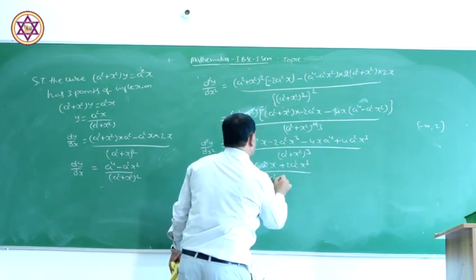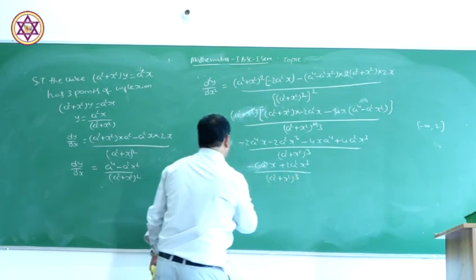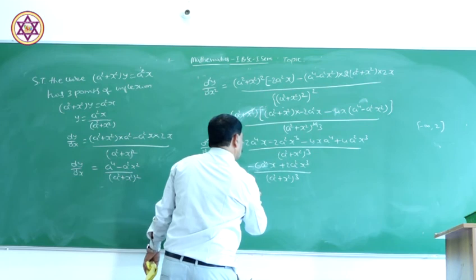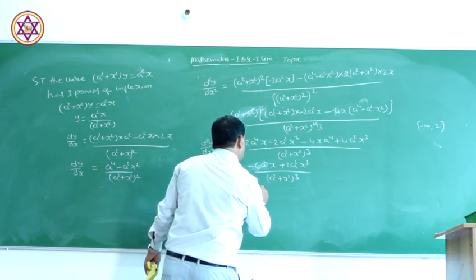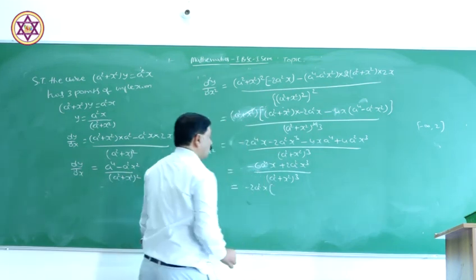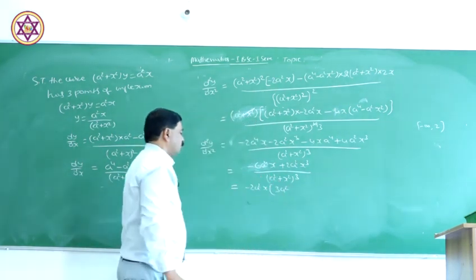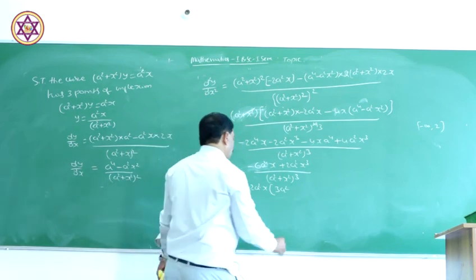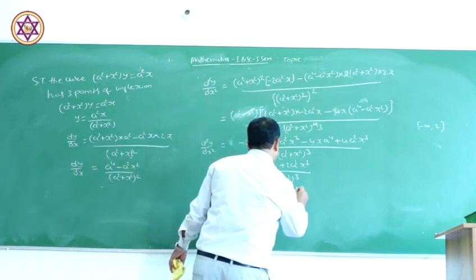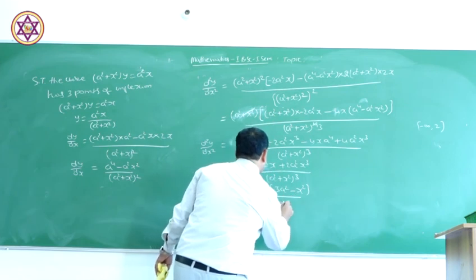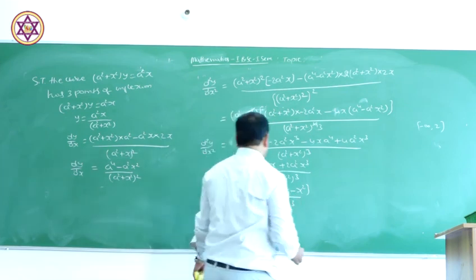So here (a² + x²) to the power of 3. Here from these two terms, if you take common, we get minus 2a²x common. So the remaining terms are 3a², and minus x². Therefore, (a² + x²) whole cube.